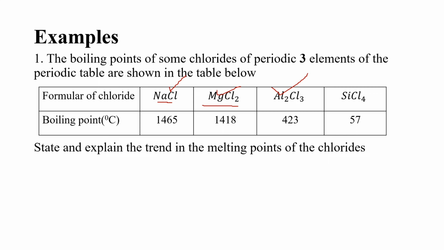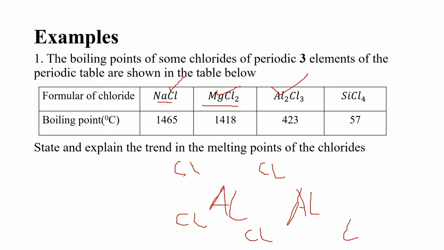If you draw the structure of aluminium chloride, which is a dimer, it is a layered structure with covalent bonds. So there is no ionic bonding here.